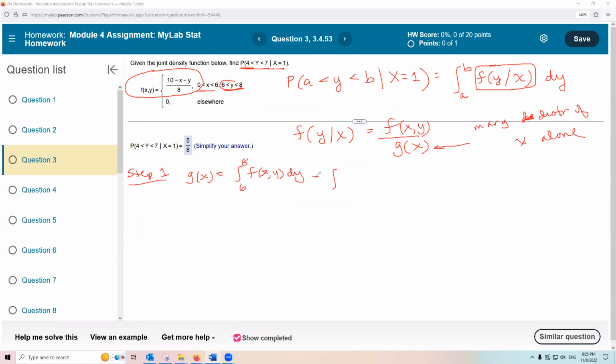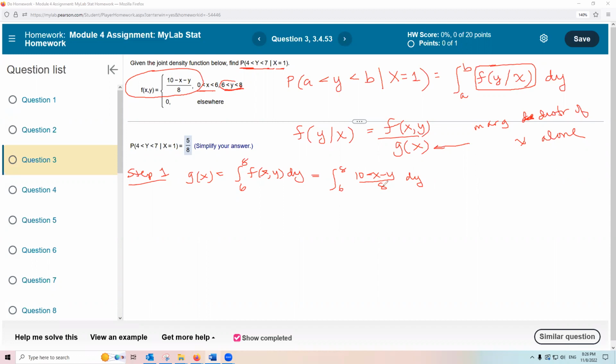All right, so let's work it out. It's the integral from 6 to 8 of (10 minus x minus y) over 8 dy. When we work this out, it's going to lead us to a function in x. So our answer here is going to be a function of x. But let's work it out.